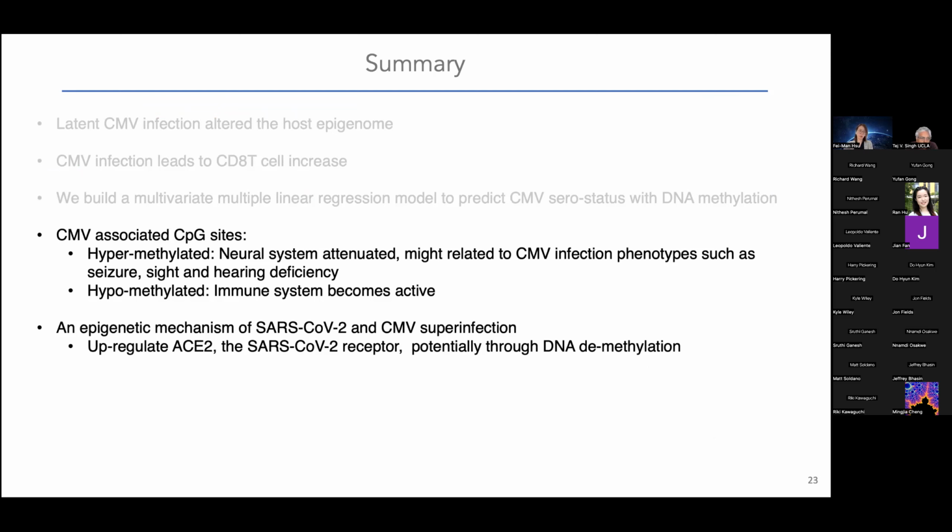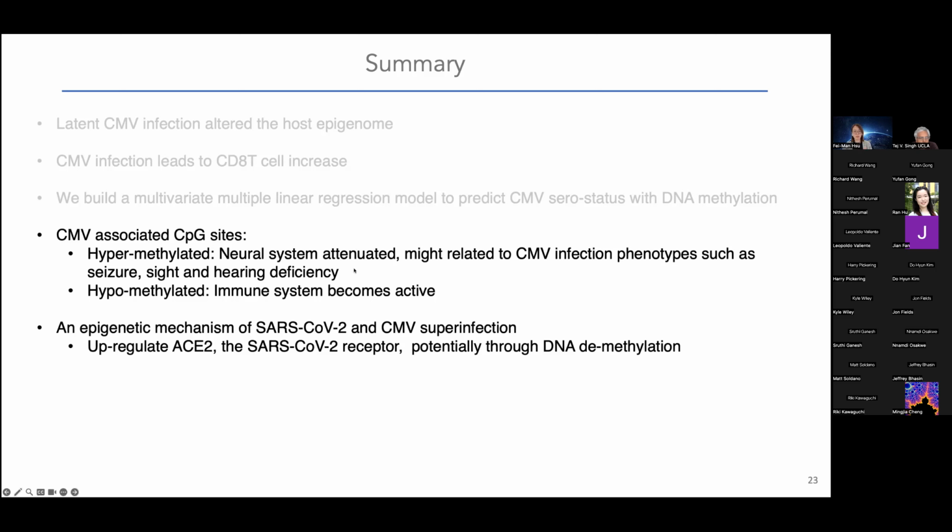So, quick summaries for now. We're trying to do locus-specific analysis to see across the human genome which parts are impacted by CMV the most. So we group these regions into hypermethylated and find out from the gene ontology analysis that this group of loci is more neurosystem related.